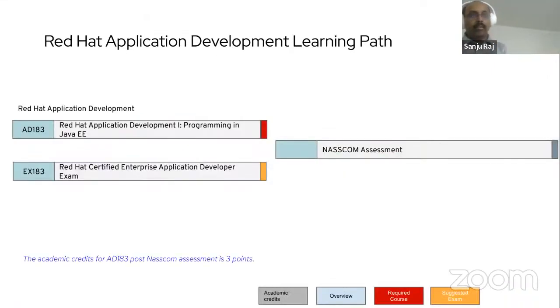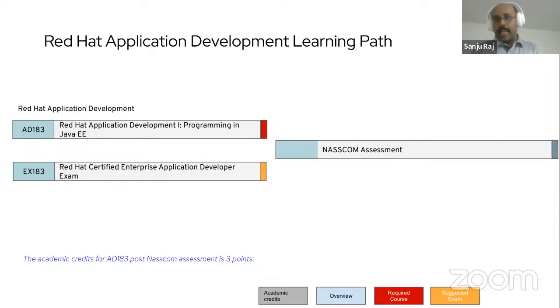So we have the AD183 module, which is Red Hat Application Development Part 1, Programming in Java EE. Once you have attended this module, you can go with the Nasscom assessment, based on which you will get 3 credit points for your academics.